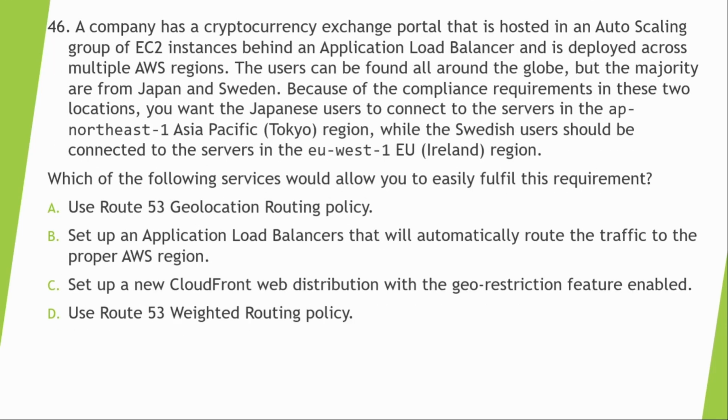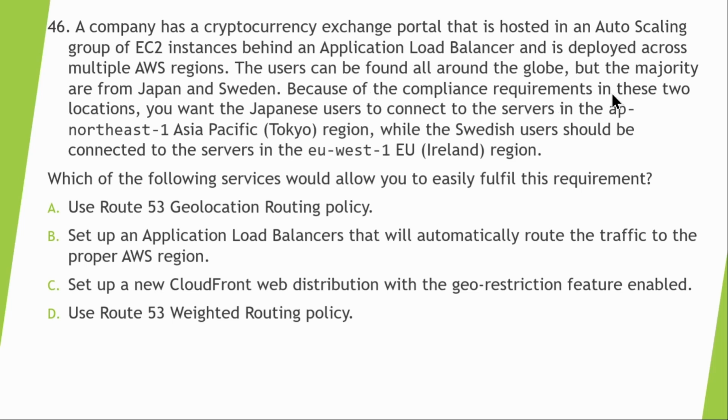A company has a cryptocurrency exchange portal that is hosted in an auto scaling group of EC2 instances behind an application load balancer and is deployed across multiple AWS regions. The users can be found all around the globe, but the majority are from Japan and Sweden.